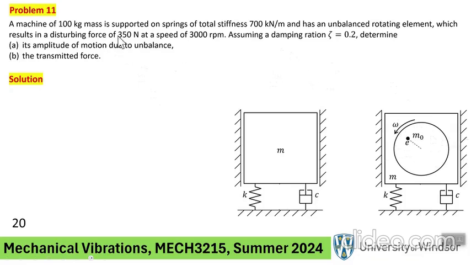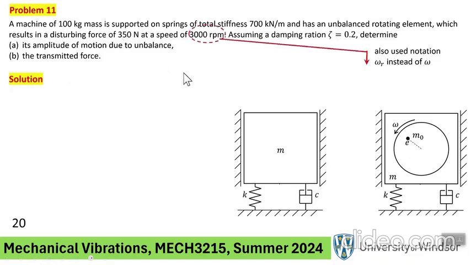So what this 350, disturbing force, is referring to is F naught, which is m naught e omega r squared, or omega squared. That's what this thing is. That is not the force transmitted to the ground.